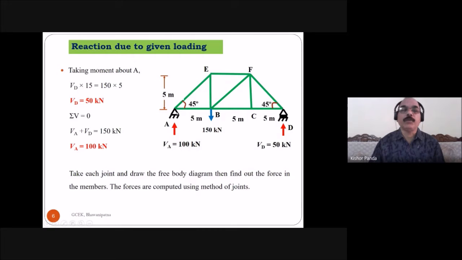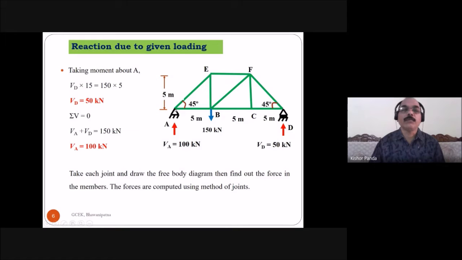The summation of moment about A is equal to 0, and you take another equilibrium equation, the summation of vertical force is equal to 0. Using these two equilibrium equations, you can find the reactions at supports A and D. So first you take the summation of moment about support A is equal to 0.